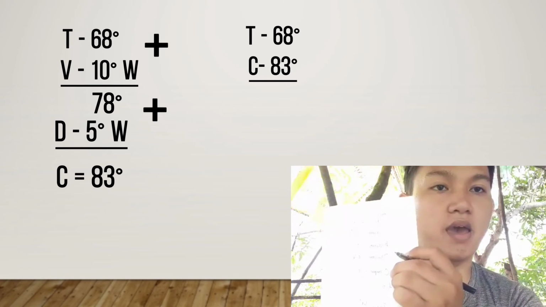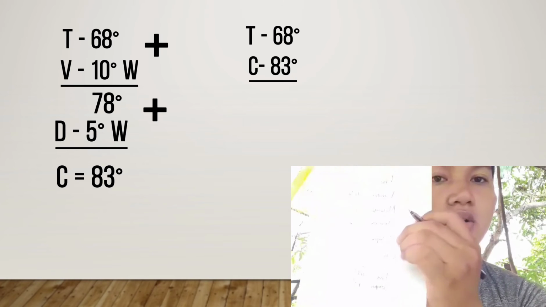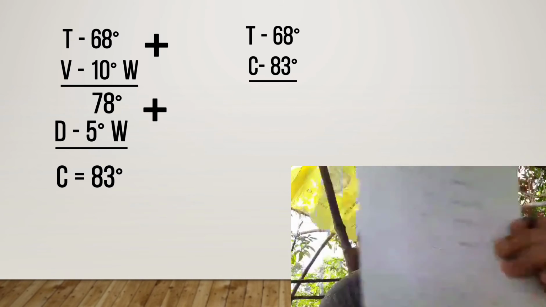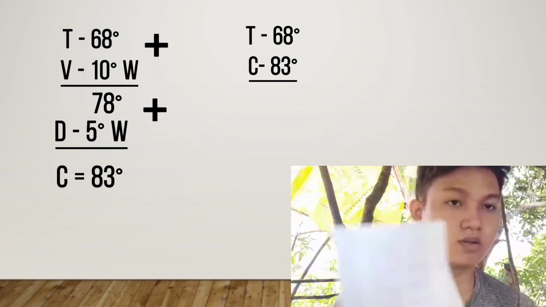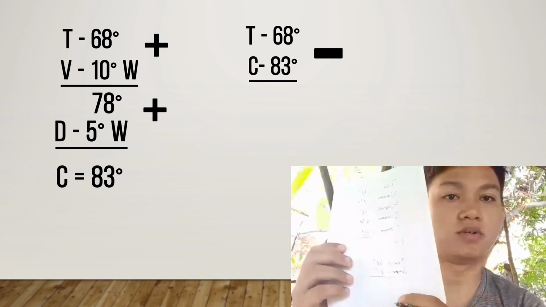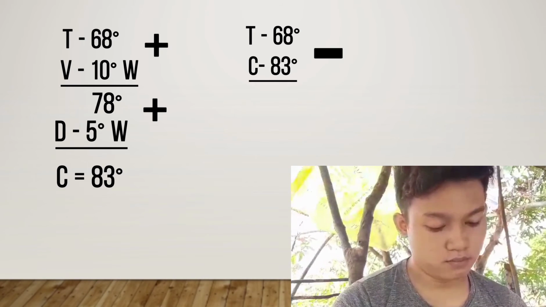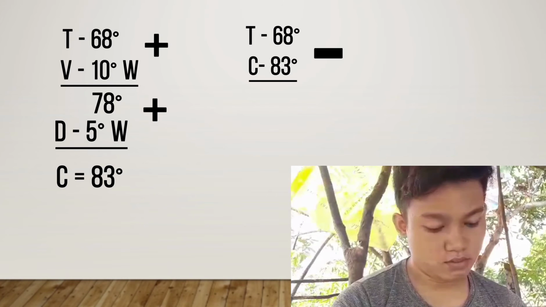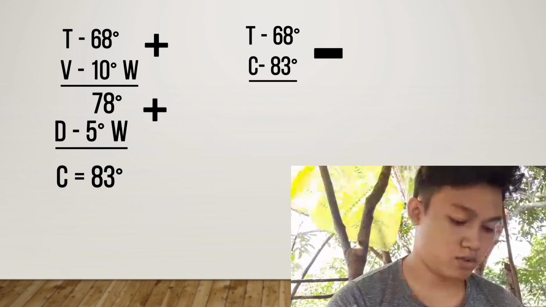Compass best, error west. Compass least, error east. So what do you see? Compass best, error west. These two numbers are always subtracted from each other.